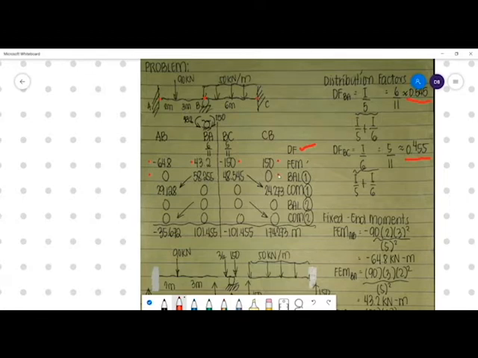But at BA and BC, at BA we have a counterclockwise 43.2, and at BC we have a clockwise 150. So this is technically our unbalanced moment. But of course, in order for it to be in equilibrium, our balancing moment will be this one.